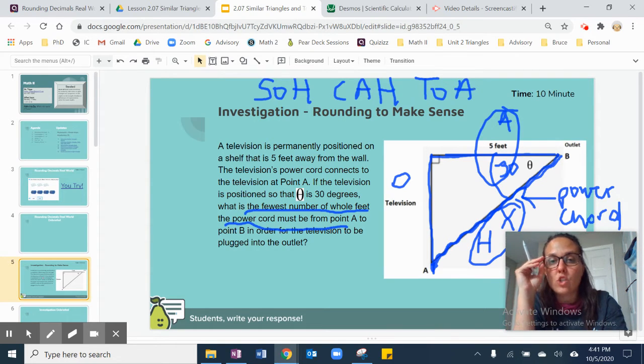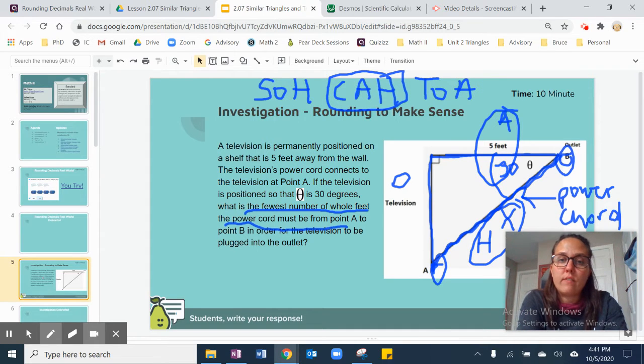Which one uses H and A? Hopefully you told yourself cosine. So now we're going to solve for the length of the extension cord. But remember, we're trying to figure out the fewest number of whole feet the power cord must be so that it reaches from the outlet to the TV.